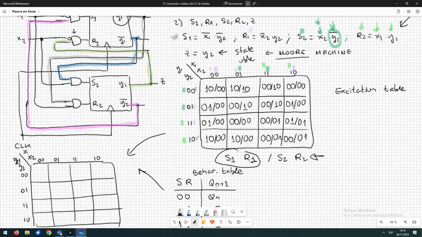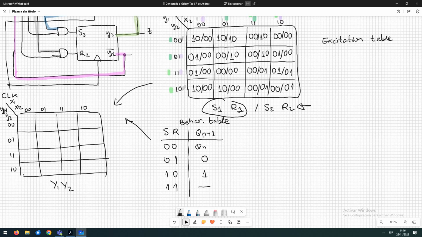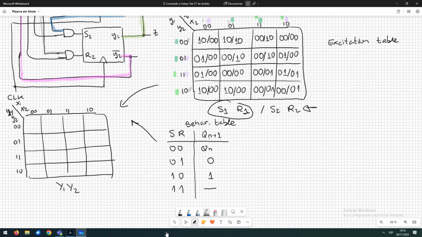So if y1 is 0 and the inputs of the SR bistable are 1, 0, the next state is going to be 1. So I write a 1 here.